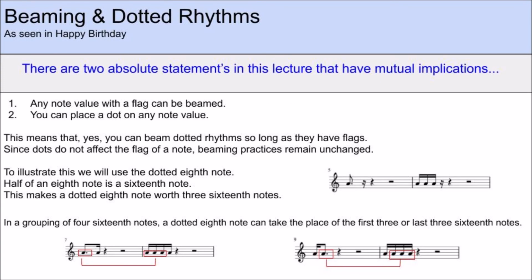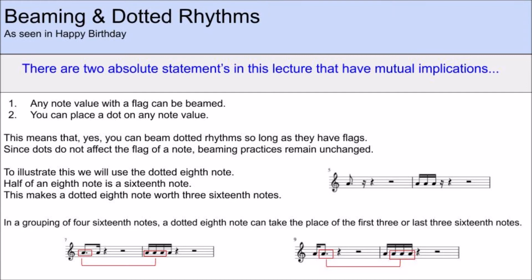We will now combine 2 absolute statements that I have made in this lecture. The first statement is that any note value with a flag can be beamed. The second statement is that you can place a dot on any note value. This means that you can beam dotted rhythms, or you can put a dot on a rhythm that has a beam.